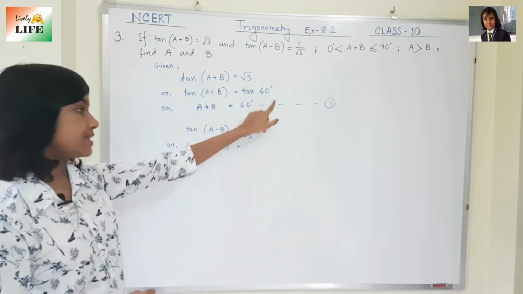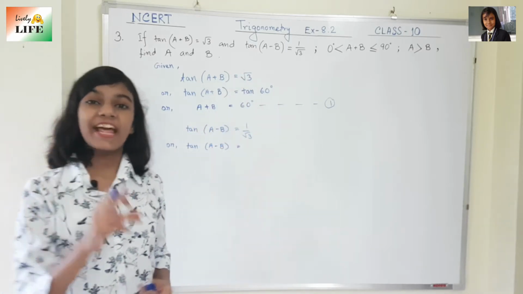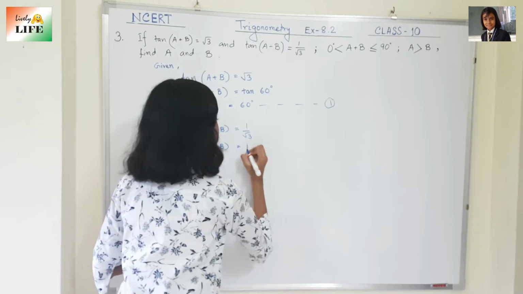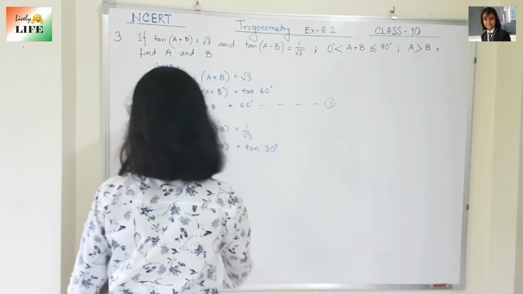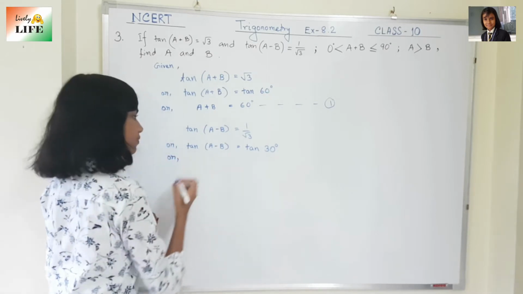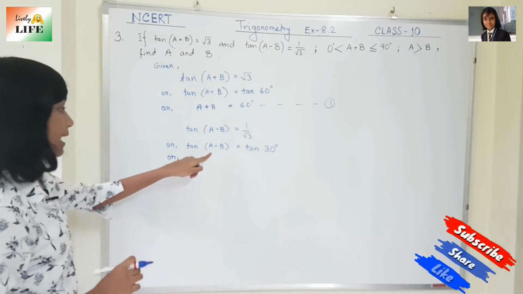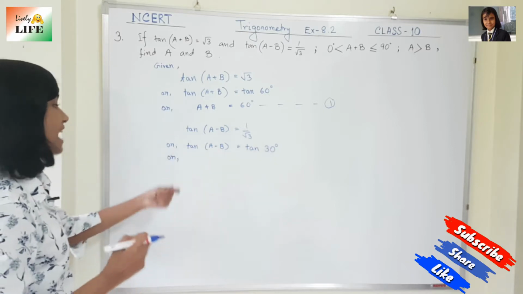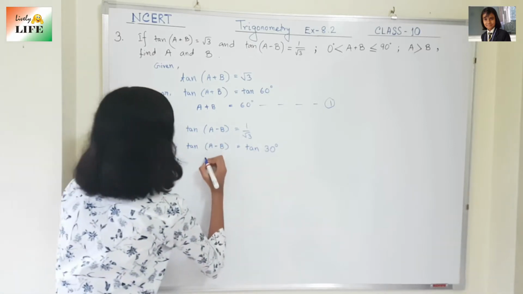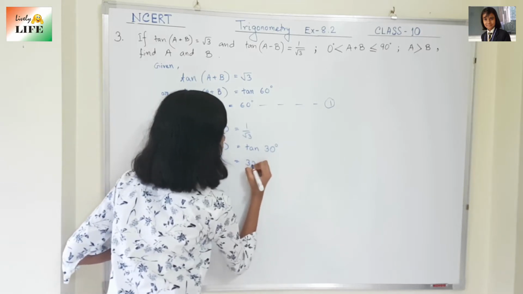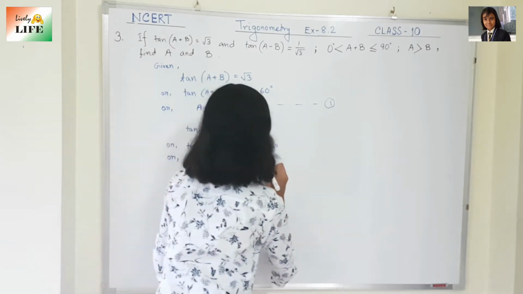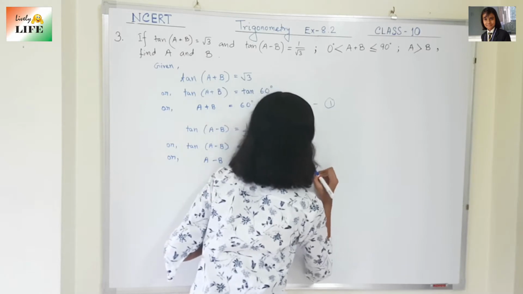Root 3 is the value of tan 60, 1 by root 3 is the value of tan 30, right? Tan 30. Now we can write tan(a - b) equal to tan 30 degree, so a minus b is equal to 30 degree. This is equation 2.